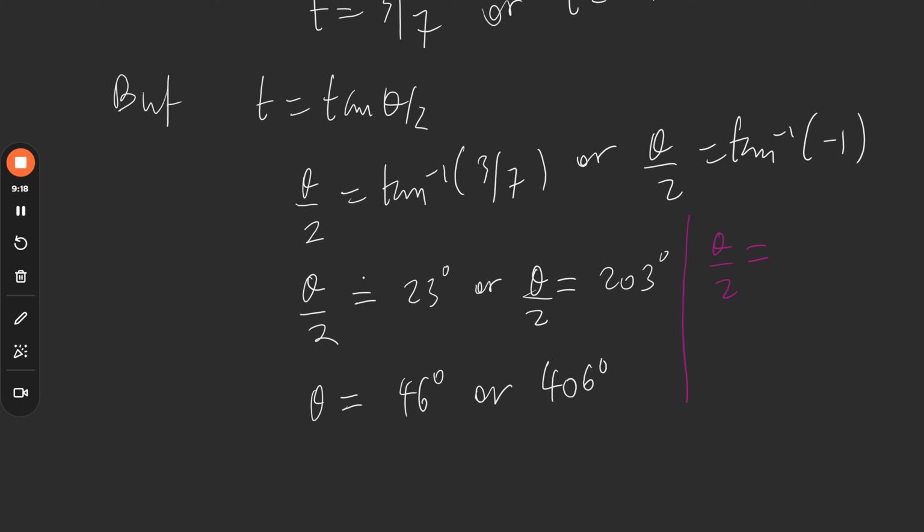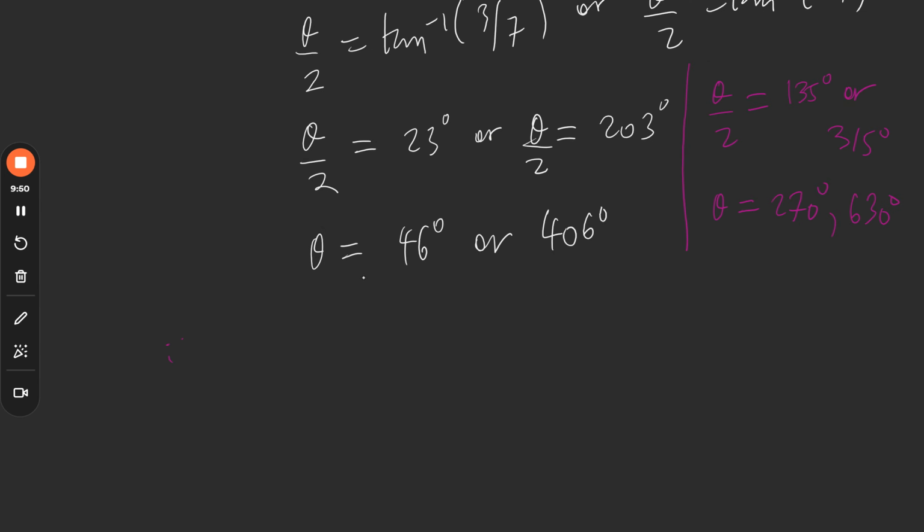So theta over 2 will be 135 degrees, or the angle in the fourth quadrant, which means I'll be taking 360 minus 45, which is 315 degrees. So you multiply by 2, and actually theta will be 270 degrees. The other one will be a bit huge number, so we are not using that, or 630 degrees.